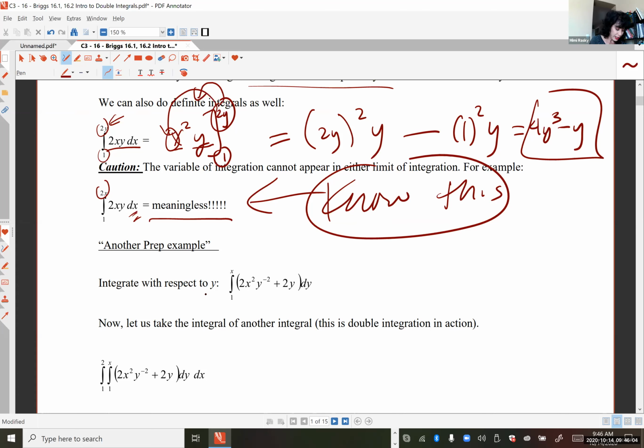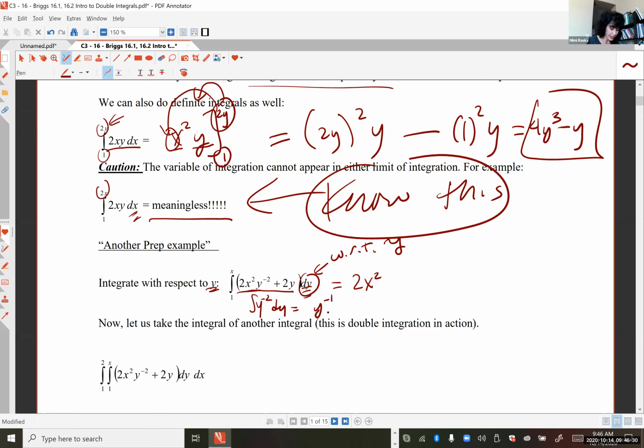Okay, so we're going to integrate with respect to y now, just to be different. So check out this expression that we're going to integrate with respect to y. That means you're going to hold x constant. So x looks like a number. So when you integrate the first term, 2x squared is just a constant multiple, so copy it down, and then you're really integrating y to the negative 2 with respect to y.